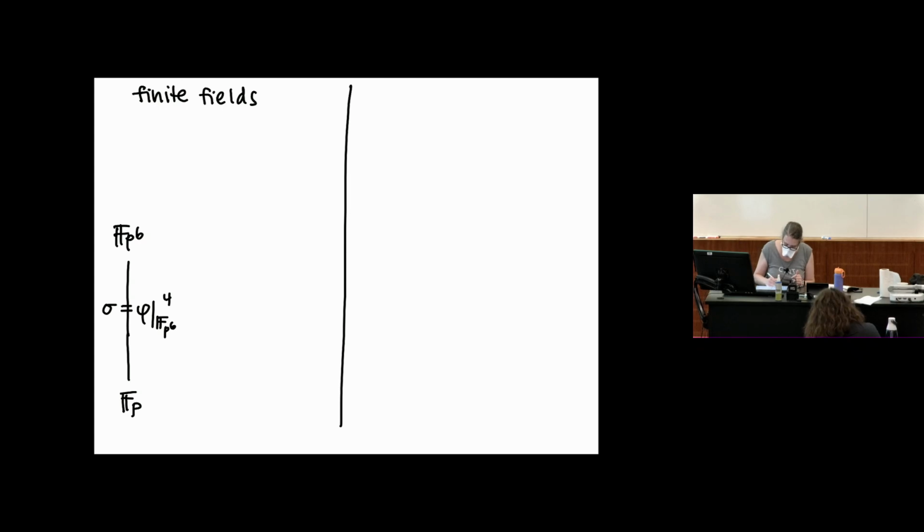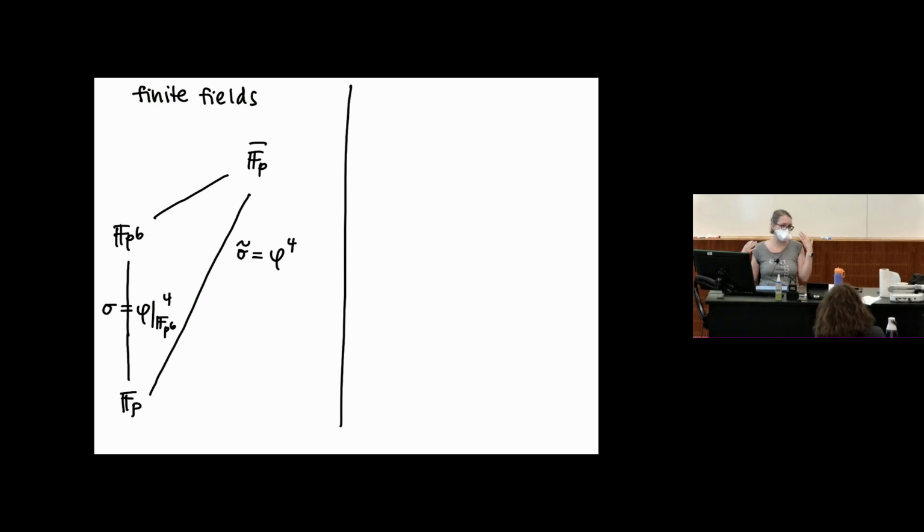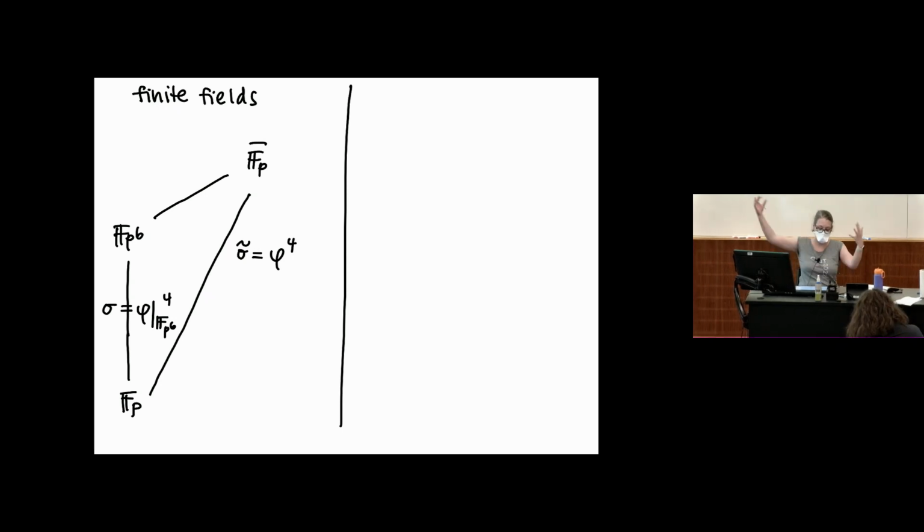And then I'm able to extend it to the algebraic closure easily in this situation by just saying sigma tilde is the Frobenius to the 4th, the Frobenius when I think of it in the big extension instead of thinking about it in the little extension.